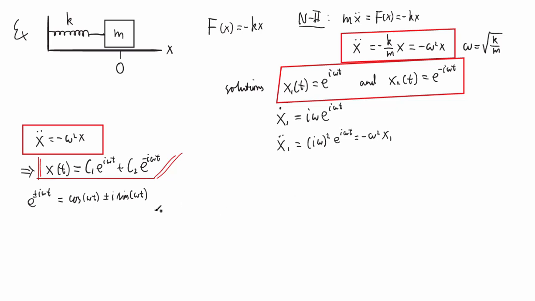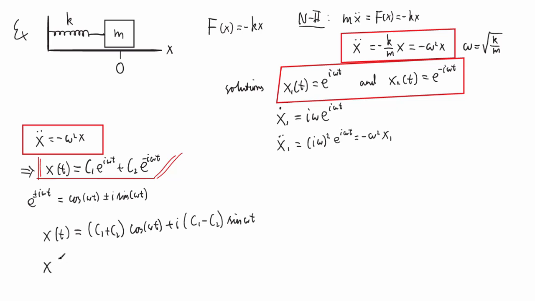So because of that, we can, if you like, rewrite x of t as c1 plus c2 times cosine of omega t plus i times c1 minus c2 times sine omega t. And if we choose the constants c1 and c2 properly, then both this and that become real, and that makes sense because position is a real number.